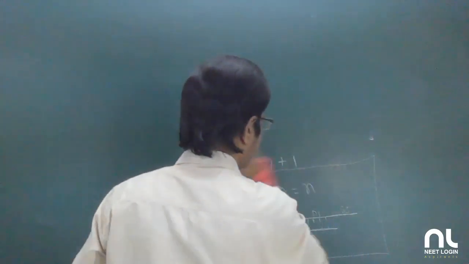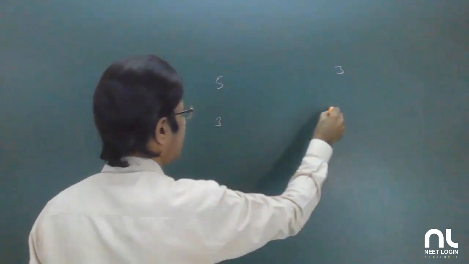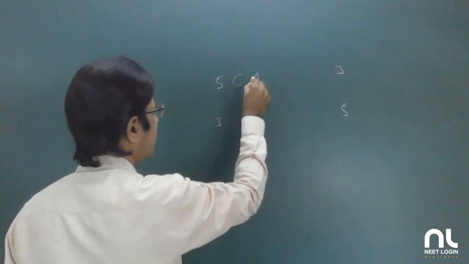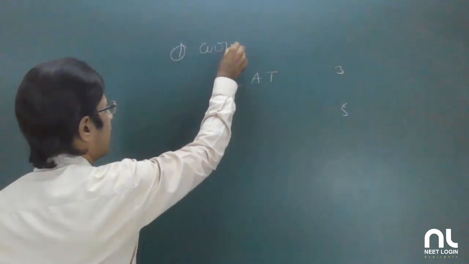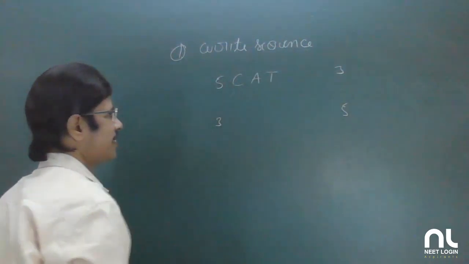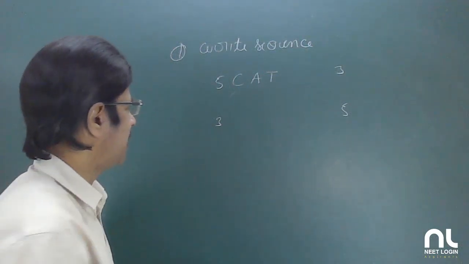Suppose 5, 3, 3, 5. Write the sequence on both strands. How can you write this palindromic sequence?